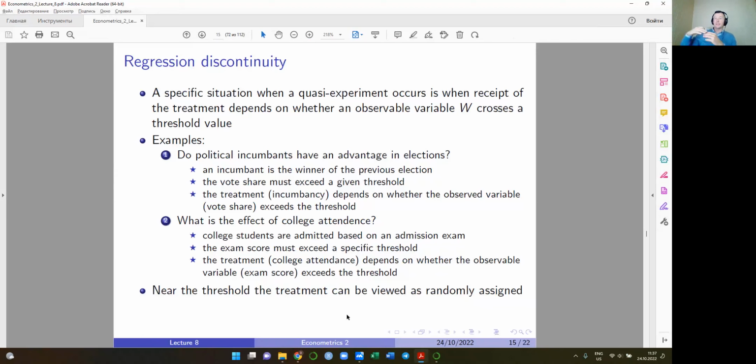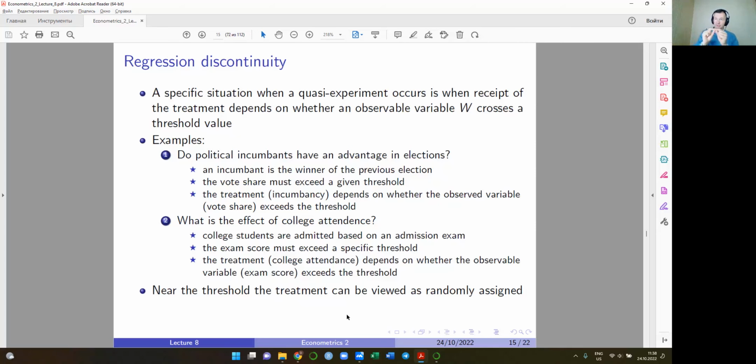Well, because if you are taking the first or second person in the rating for the college admission, of course you can think that these people are very smart and they are very different in their unobservable characteristics from people who did not pass the exam and did not attend the college.